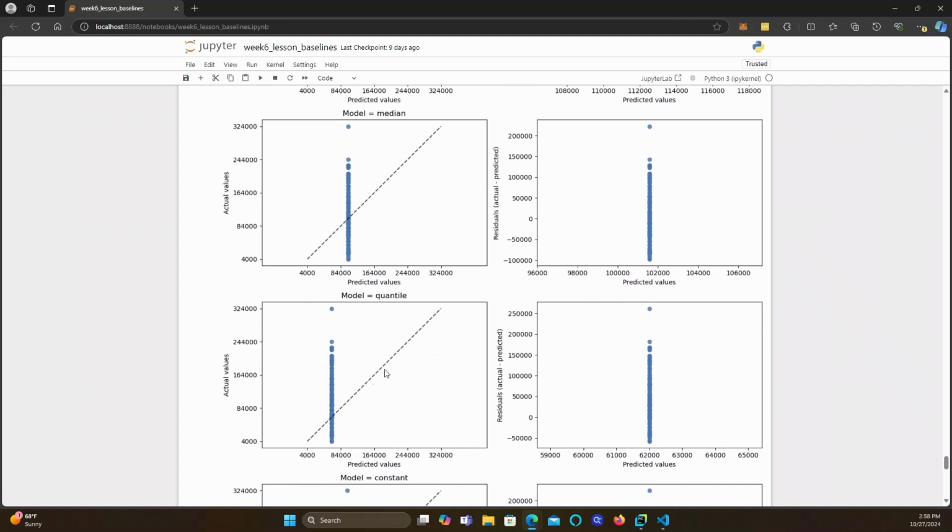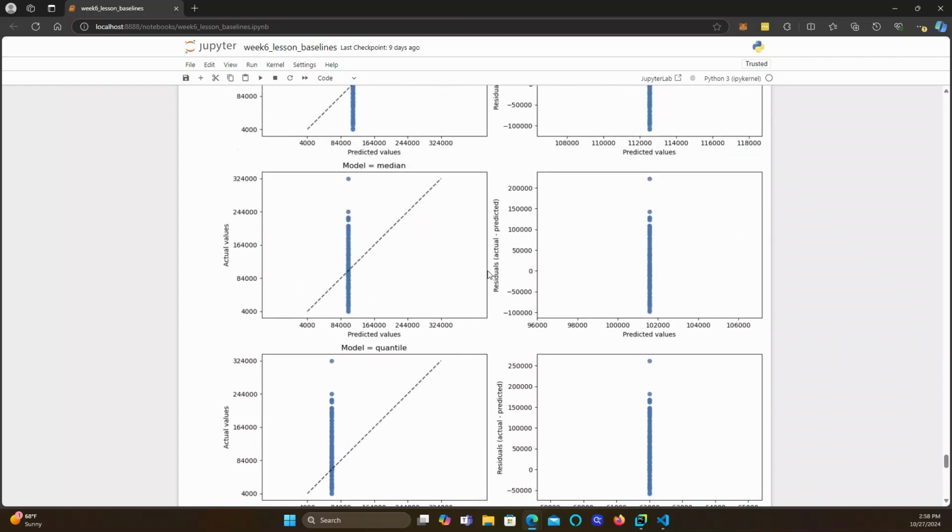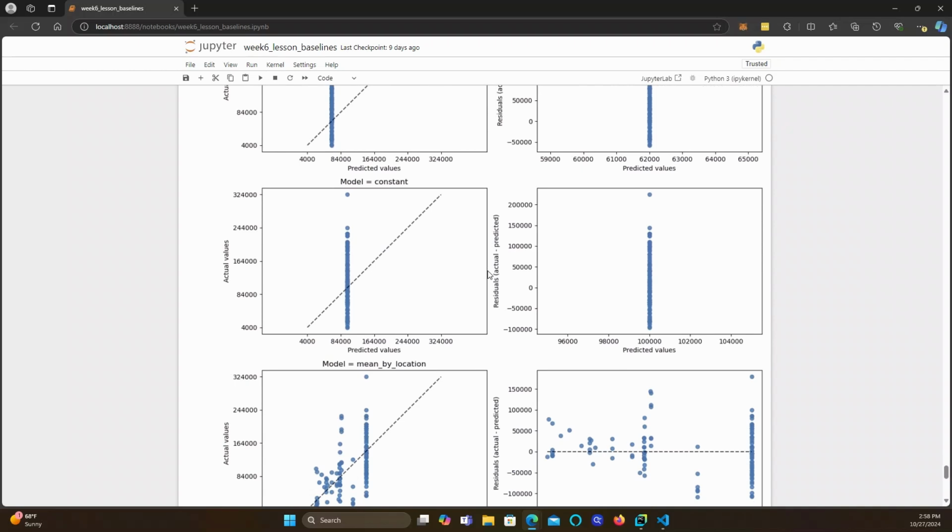Same with this. And if you think about it, no constant model, like any of the dummy regressor baselines, is going to look good on these plots. But there are some things that you can kind of find out about them from looking at it this way.